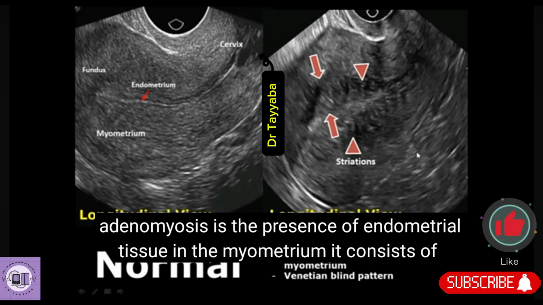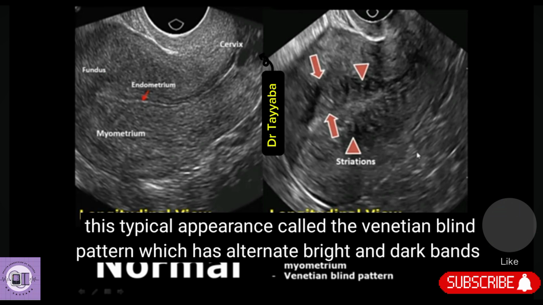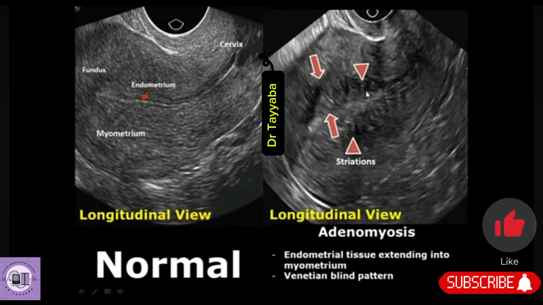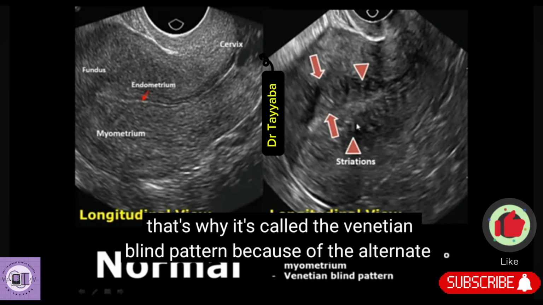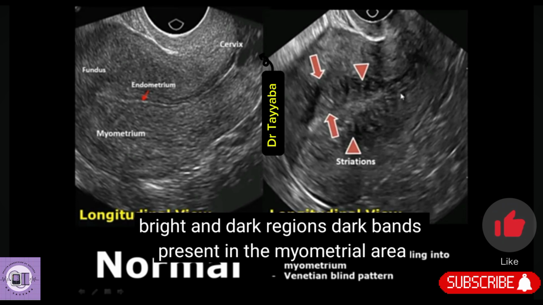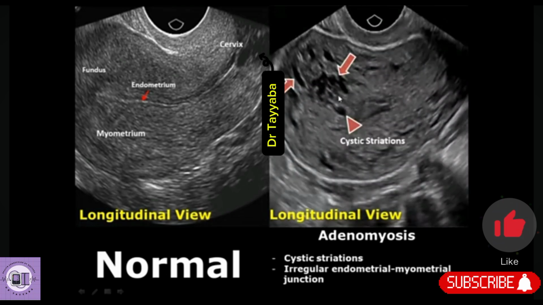Adenomyosis is the presence of endometrial tissue in the myometrium. It has a typical appearance called the Venetian blind pattern, which has alternate bright and dark bands. That's why it's called the Venetian blind pattern, because of the alternate bright and dark regions, the dark band present in the myometrial area.